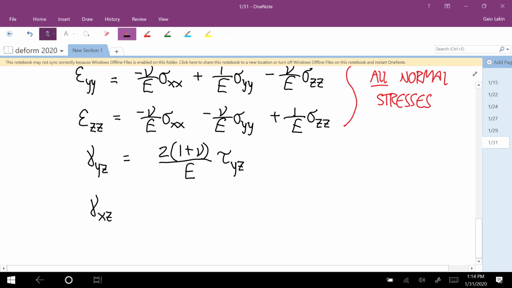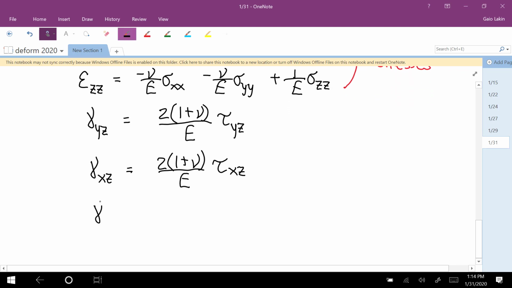The XZ shear strain is equal to 2 times the quantity 1 plus nu over E tau XZ. And now, XY is equal to 2 times the quantity 1 plus nu over E times tau XY.